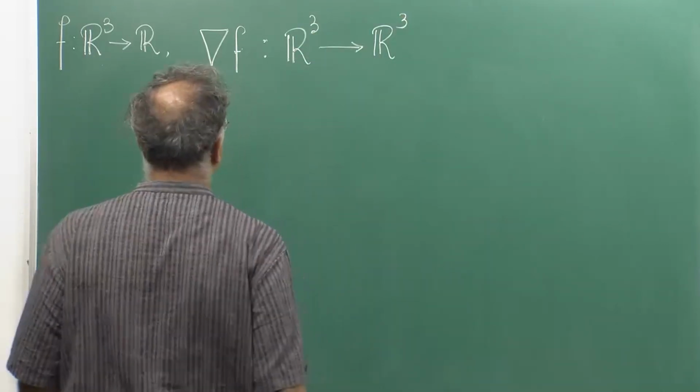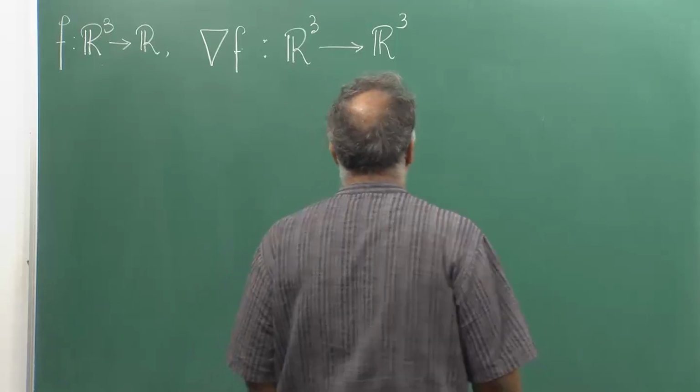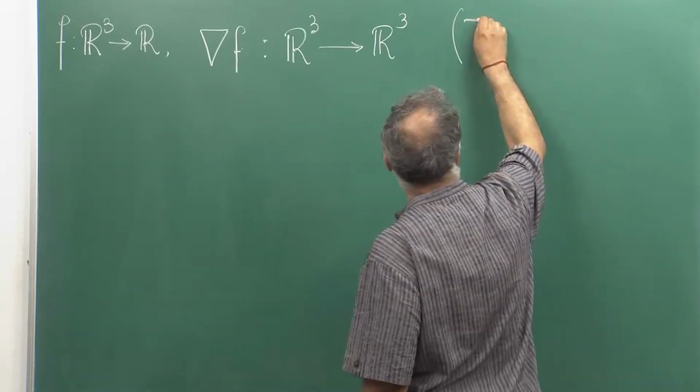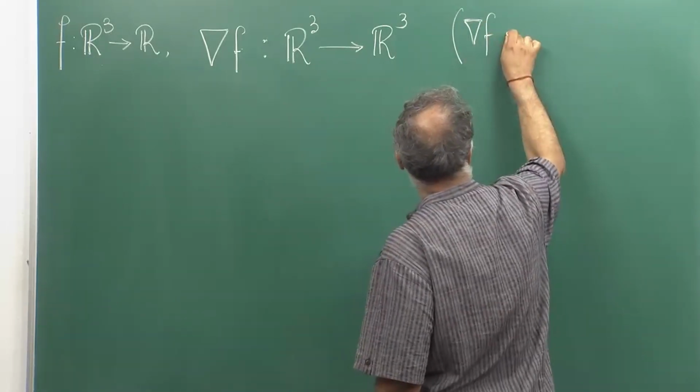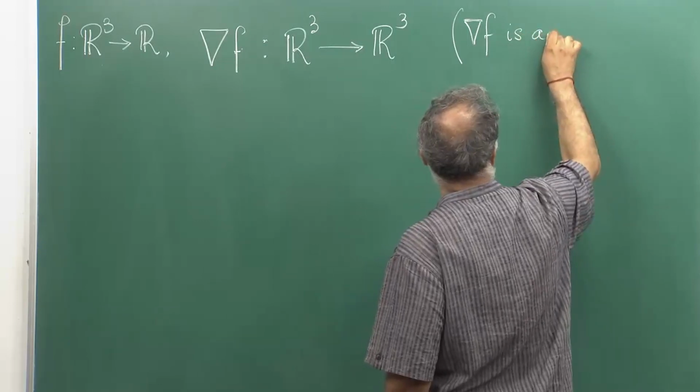So, grad f is a mapping. So, grad f is a vector valued mapping.